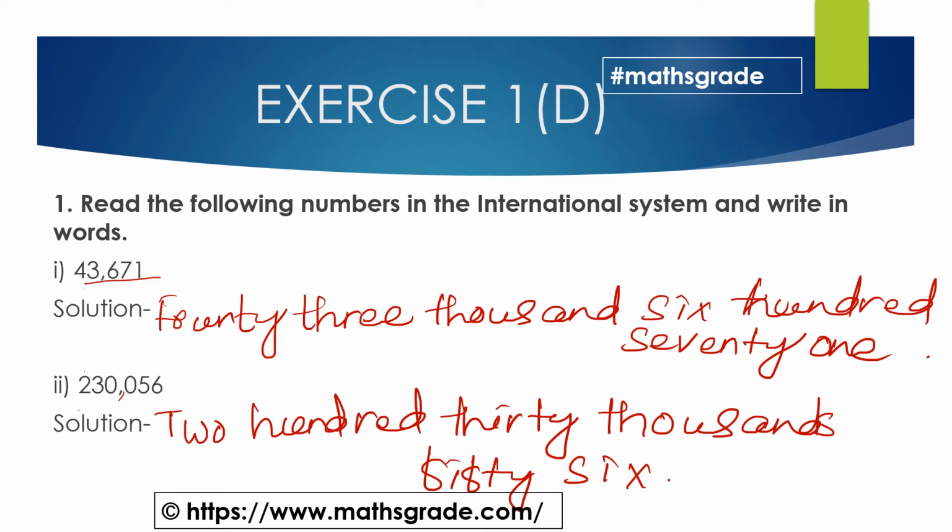This is the international system of numeration. This is the word form of the international number system, that is 230,056.